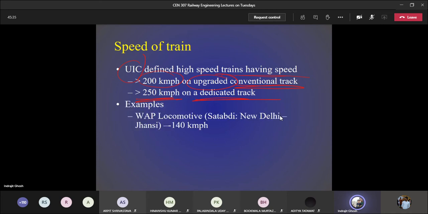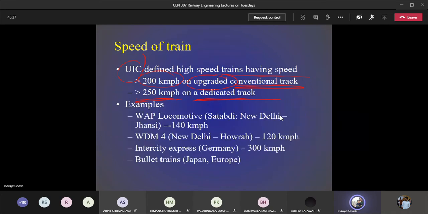There are various examples. In India, we see less speed. There is the Gatiman Express, which has higher speed than some of the Rajdhani or Shatabdi Express, which is not listed here. But overall, the maximum we see is 160 km/h in India.